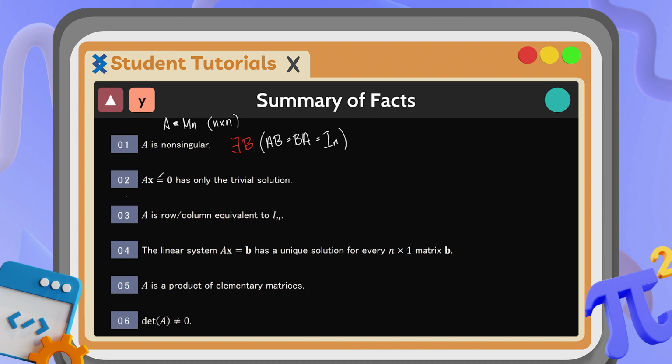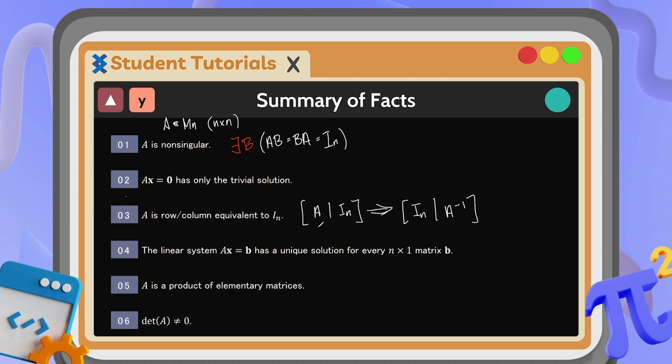For example, fact number 3, A is row or column equivalent to I sub n, which means that when we have the n by n matrix, we should get to the identity matrix. When you do enough elementary row operations, you should get the identity matrix and the inverse of that matrix.